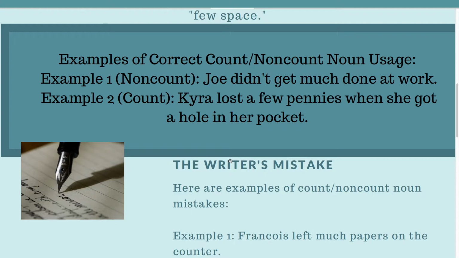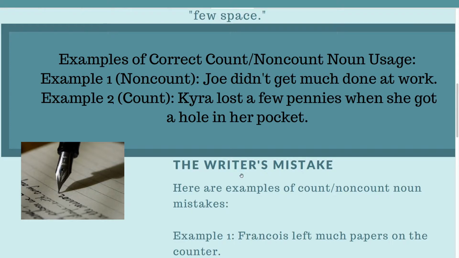Much is a correct word to use there because it describes it in a non-count way. Count nouns. Kira lost a few pennies when she got a hole in her pocket. Pennies can be counted individually, literally, and so they are count nouns, and so a few pennies is the correct descriptor of what she lost, which is pennies, okay?